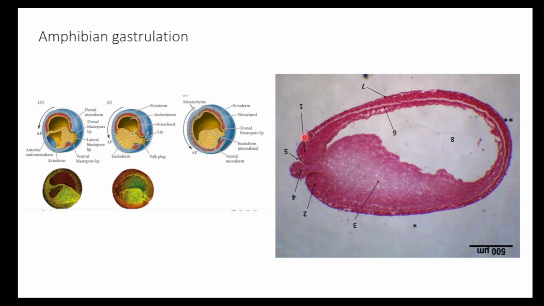Then the involuting cells from the dorsal blastopore lip become the roof of the archenteron. This will become the chorda mesoderm. This is the chorda mesoderm, these cells here lining the roof of the archenteron. And then eventually the chorda mesoderm will give rise to the notochord, as you know. These involuting cells will also spread out laterally and then ventrally, to give rise to the rest of the mesoderm layer.